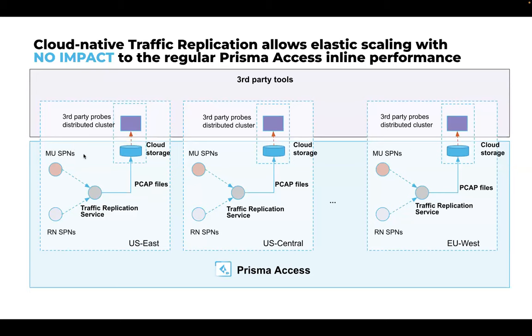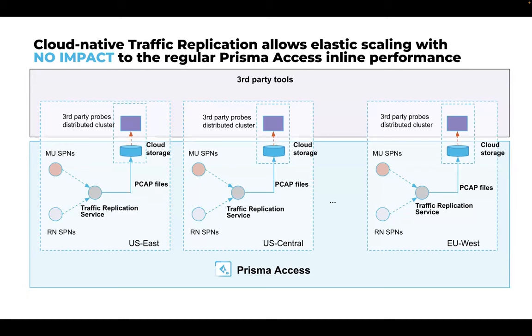The reason why there is no impact on the regular inline inspection and performance is because we are getting this copy of the traffic outside of our processing nodes. We are using some native GCP and very soon AWS mirroring functions, which are happening outside of the processing nodes, at the GCP and AWS layer level.